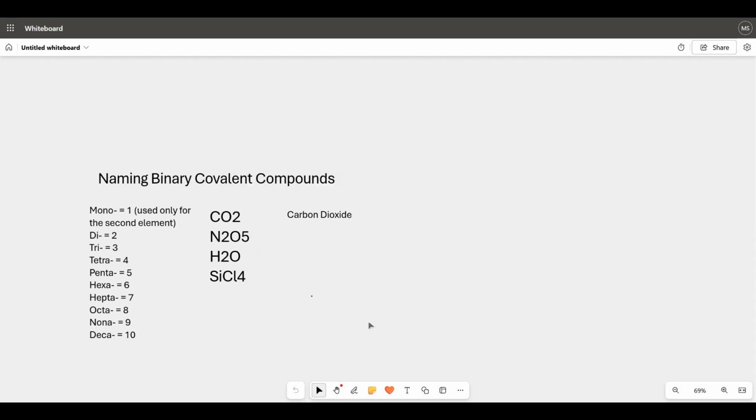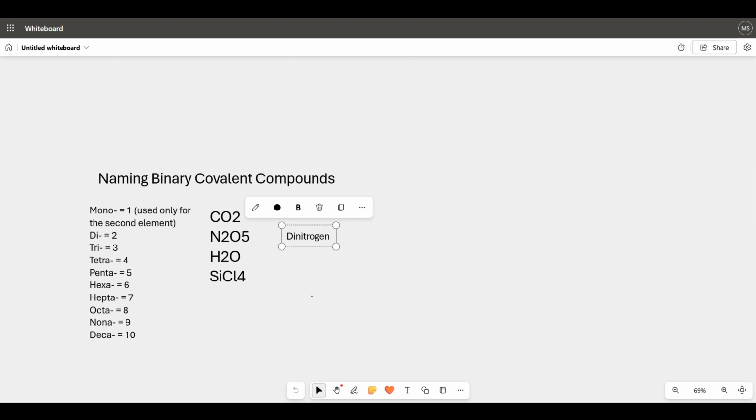Now let's name N2O5. The first element we know is nitrogen. So let's just write that down. Since there are two nitrogen atoms in this subscript, we obviously have to add a di. Now, this is known as dinitrogen. Now, you have to look at the second element.